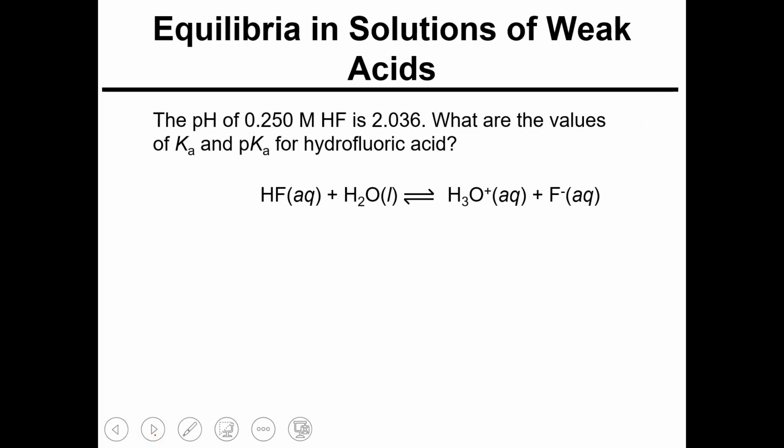So let's look at an example here. We have the pH of a 0.250 molar hydrofluoric acid solution is 2.036. What are the values of Ka and pKa for hydrofluoric acid? So let's start by writing our Ka expression.